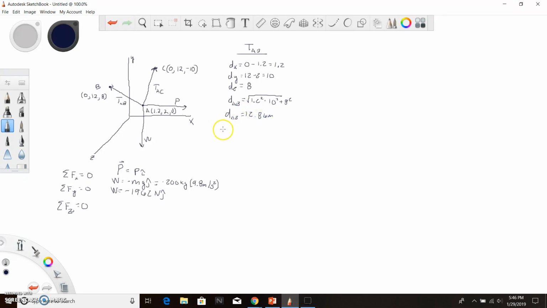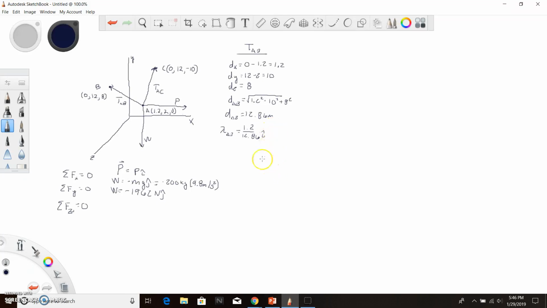Okay, so to find my unit vector, my lambda for AB, my directional unit vector, is going to be dx divided by dab. So this is going to be 1.2 divided by 12.86 I hat.